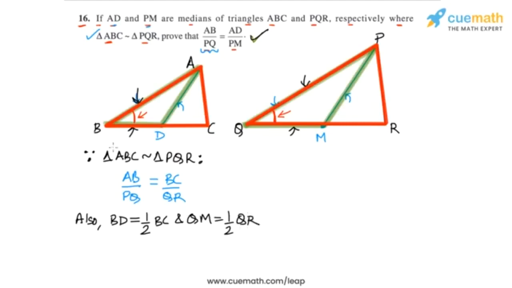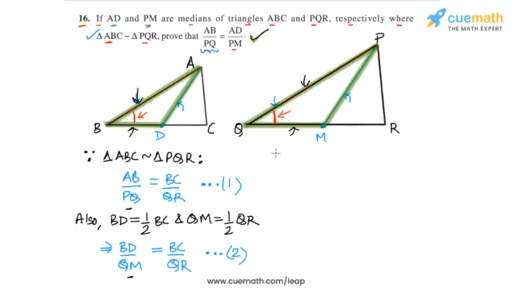So if we take the ratios now, BD by QM will be equal to BC by QR. So if we observe these two equalities, equality 1 and equality 2, from these two we can say that AB by PQ and BD by QM will be equal. So from 1 and 2 we can say that AB by PQ is equal to BD by QM.